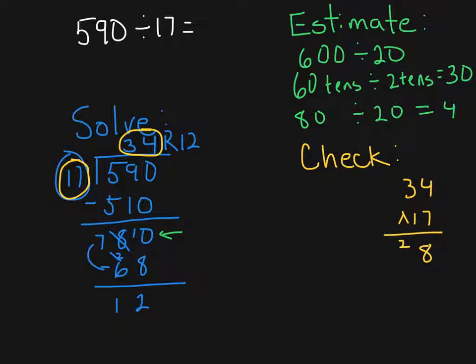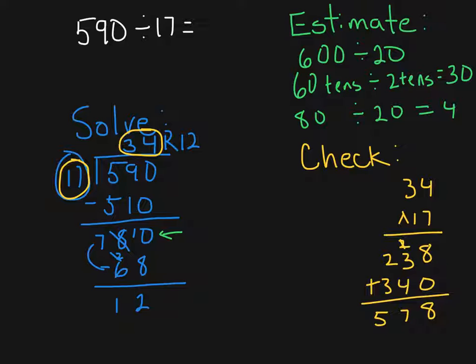I carry that 2. 7 times 3 is 21, plus 2 is 23. And then I'm going to remember that this is 10, not just a 1, so I need a 0 in the ones place. And 10 times 34 will be 340.